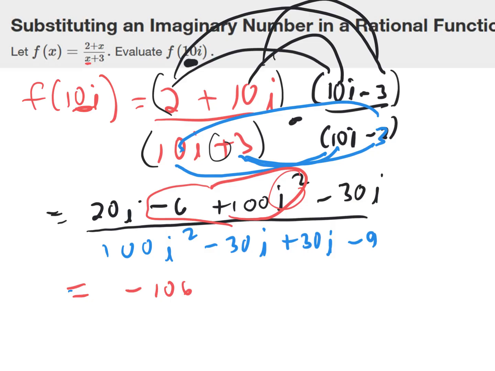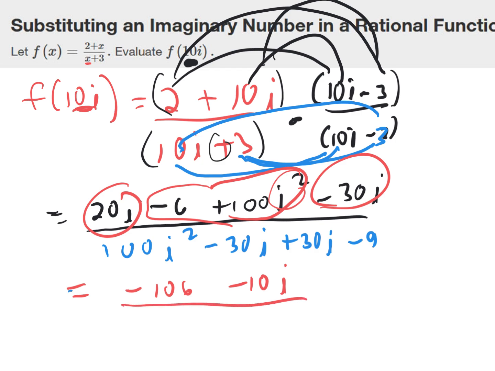Then I have 20i combining with a negative 30i, negative 10i. Then the bottom. I have the bottom as, let's see, 100i squared is the same thing as a negative 100.